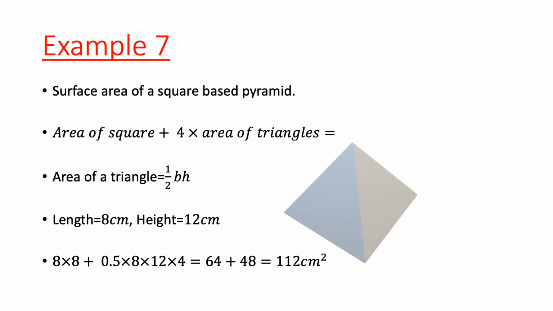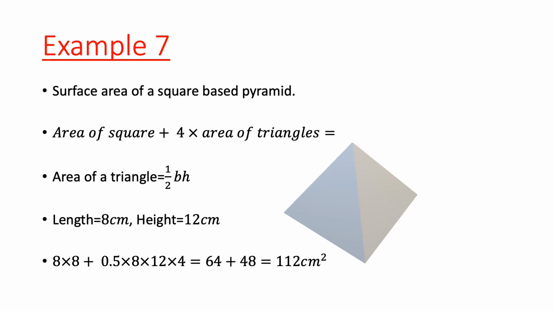So the area of a square is 8 times 8, because the length is 8. So it's 8 centimeters there, 8 centimeters, 8 centimeters, and then 8 centimeters. And then I'm told that the height, from here to here, the top of the pyramid, is 12 centimeters.